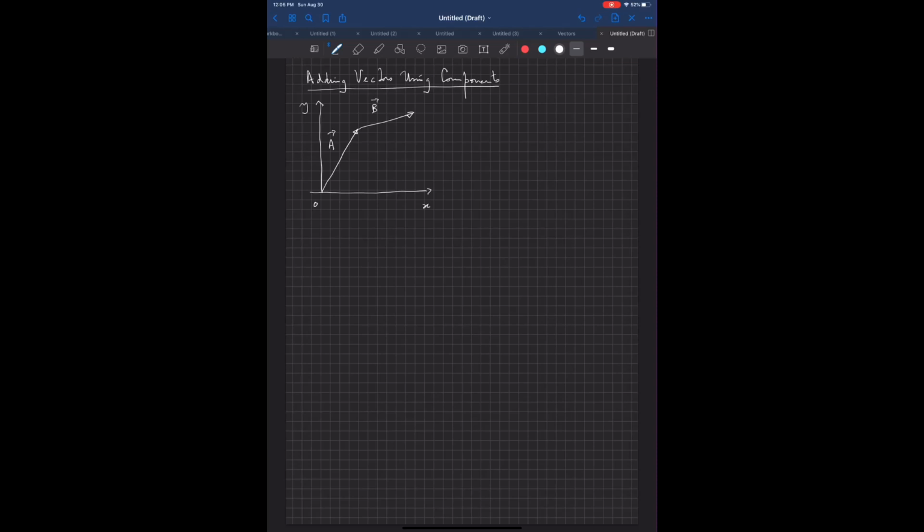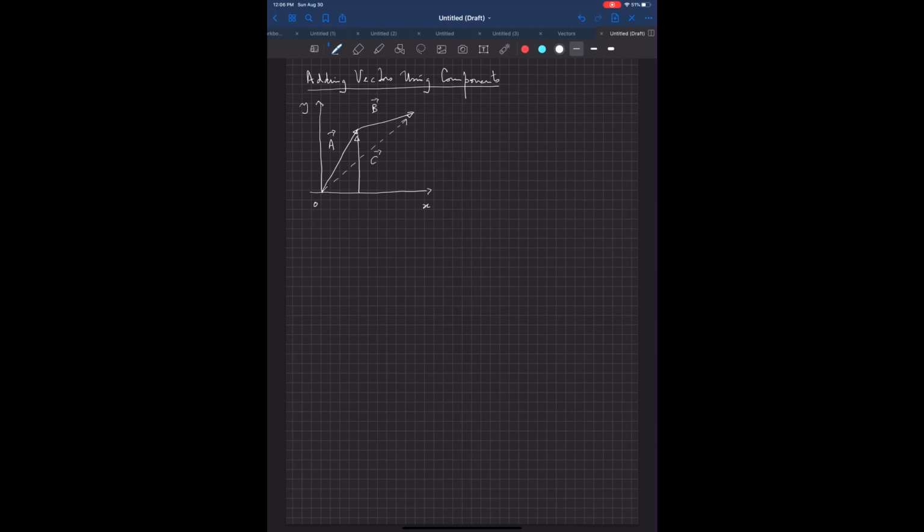Then I know that the sum of the two is the vector C, which goes from the tail of A to the head of B. And now let me break up the vectors A and B into their components.